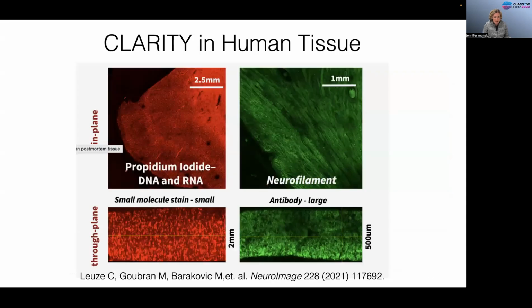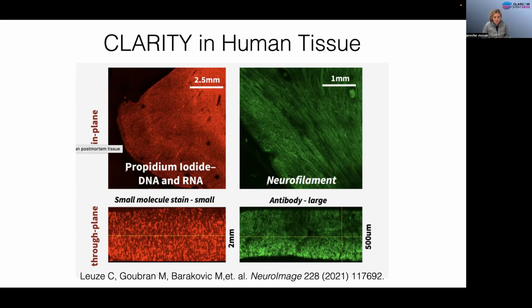Now, in terms of the types of stains we looked at with the CLARITY data, we focused on a small molecule stain, propidium iodide, which stains the DNA and RNA and is fairly easy to use.